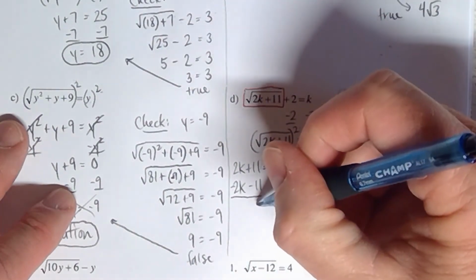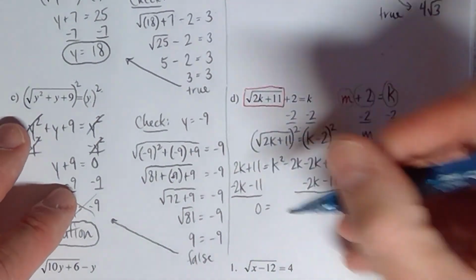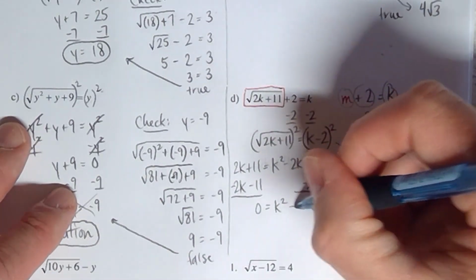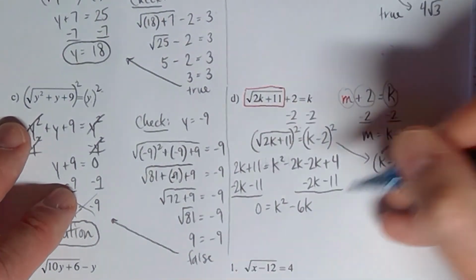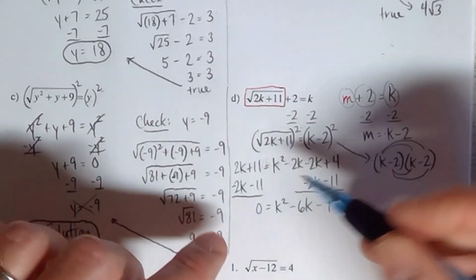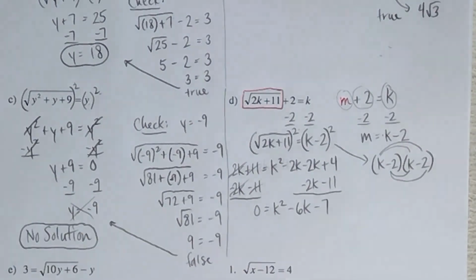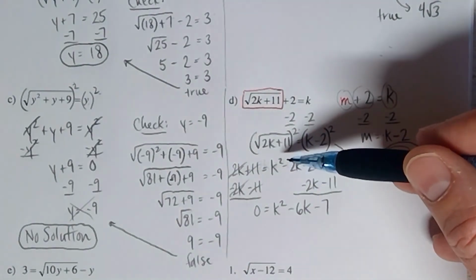Okay, so what do we got here? K squared minus 6k minus 7 when I move all that. Why am I doing this? Why am I moving all the terms to one side? It's because that's what you do in the factoring method, right? But we want to keep the k squared term positive.